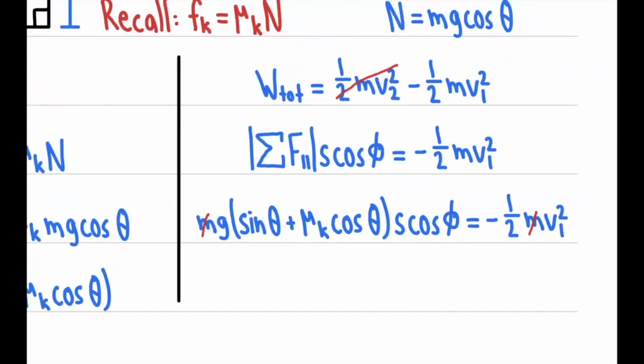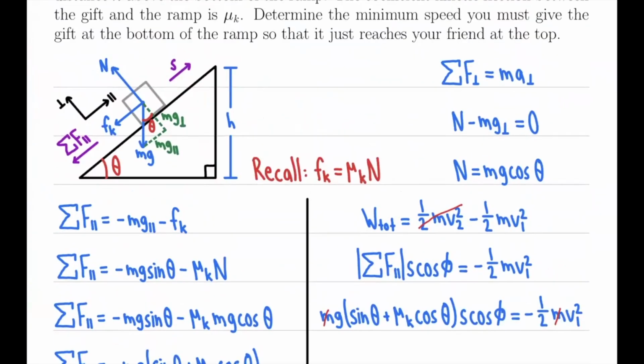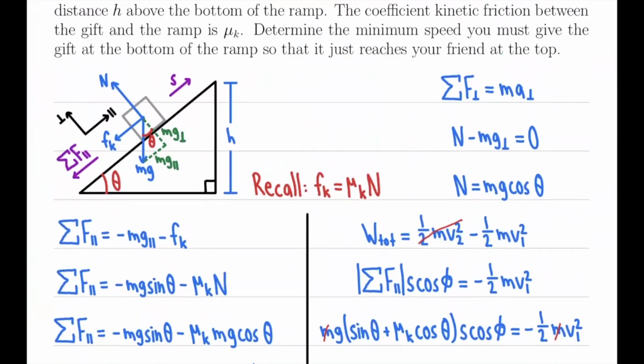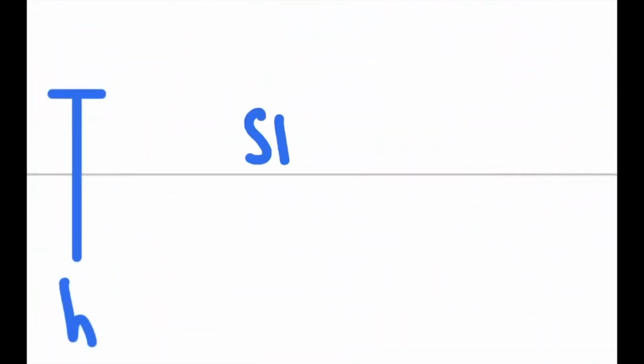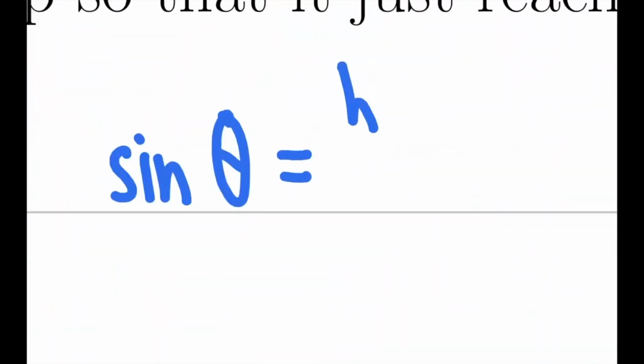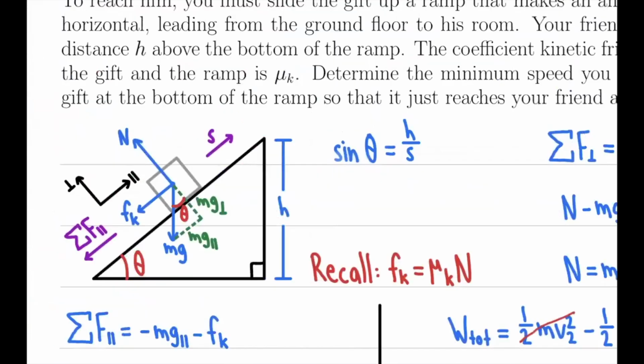There's one thing left that's stopping us from finding v1, and that's s. We don't know s. How does h, the thing we're given, relate to s? We know theta. We know trig. So h is opposite that angle, so sine of theta is h over s, because remember the hypotenuse is s.